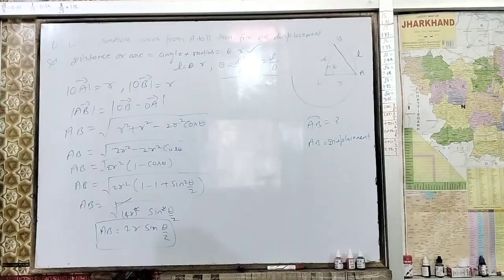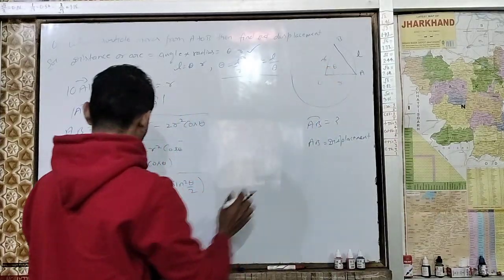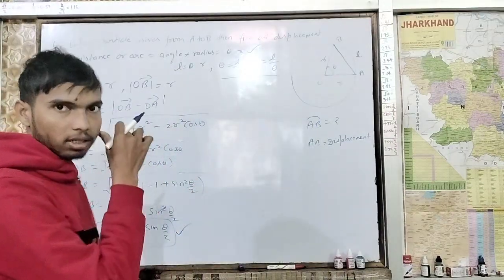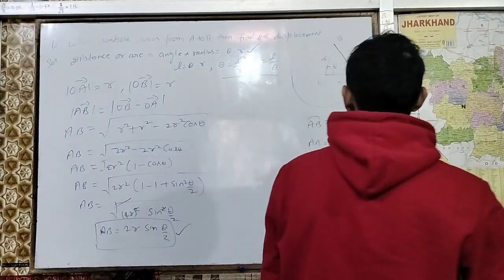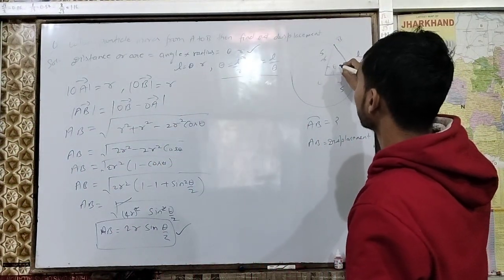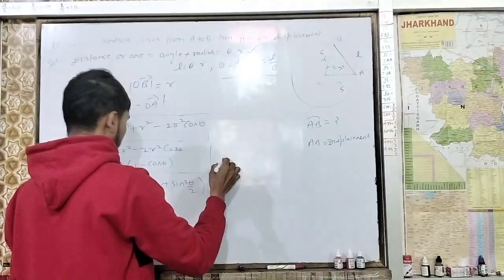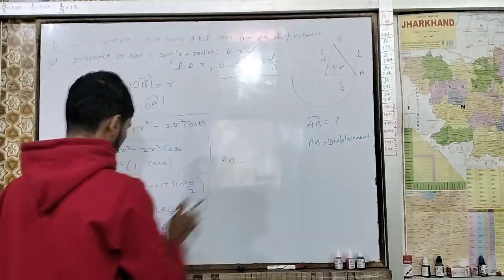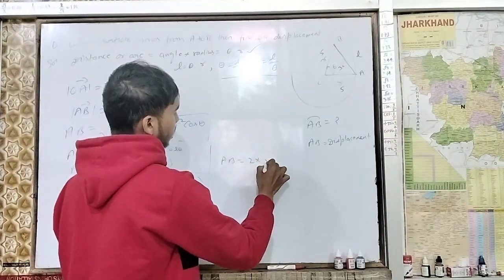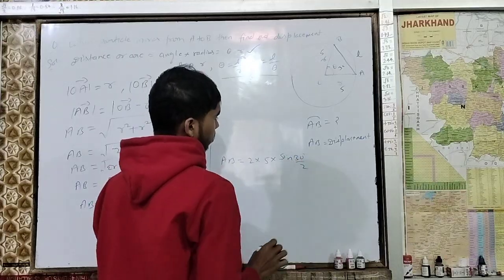AB is equal to 2R sin theta upon 2. Now you just have to take the value of R. Let's say this R is 5 and this R is 5. Theta is how much? Let's say 60. Now over here you can use this formula: 2 multiplied by R, which is 5, then multiplied by sin 60 upon 2.